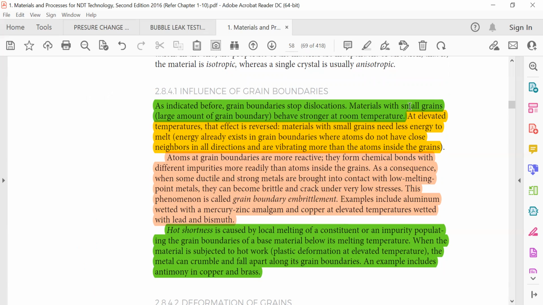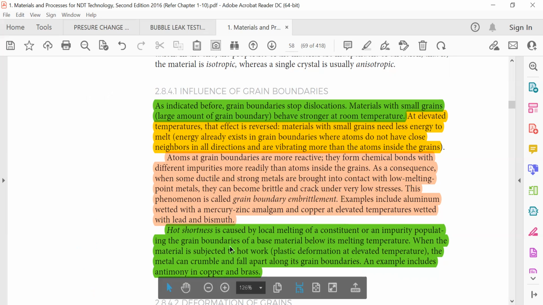If they are large grains, there is less grain boundary, so not stronger. At elevated temperature, the effect is reversed; material with small grains needs less energy to melt. So that is slightly different.